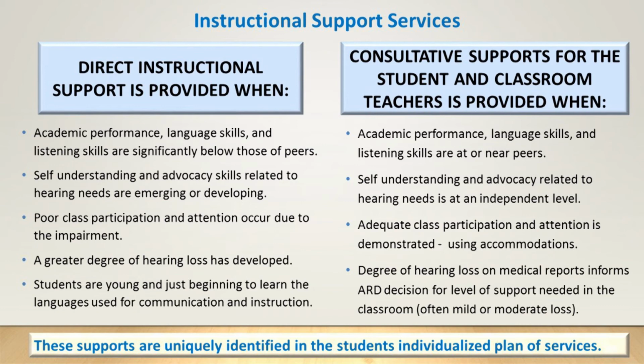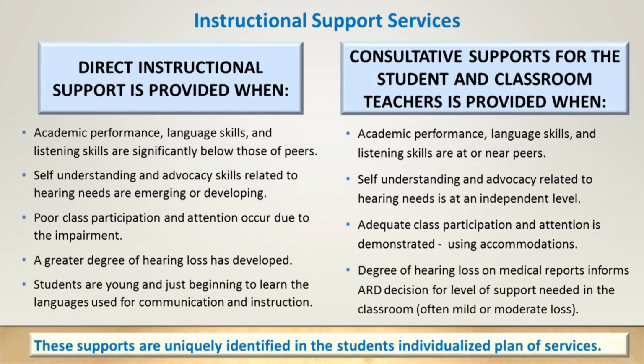Often, poor class participation and attention occur due to the interference of the impairment. In this case, direct instruction may be needed. When documentation, in medical reports, and notes in academic performance indicate that there has been a change in the degree of loss, more direct services may be needed. When students are young and just beginning to learn the languages that are used for communication and instruction, direct instruction may be what they need.